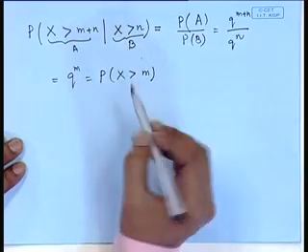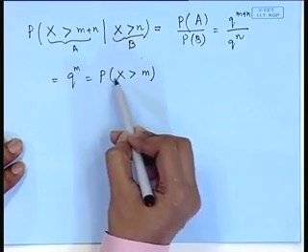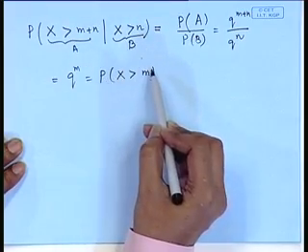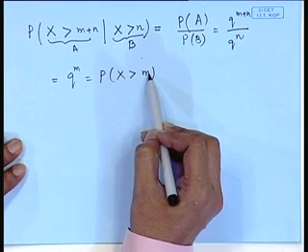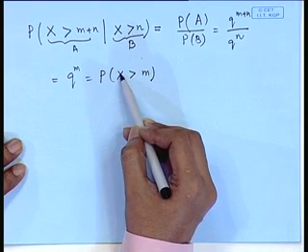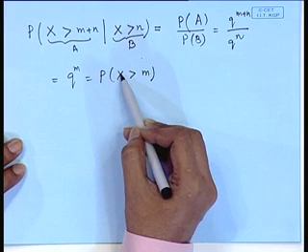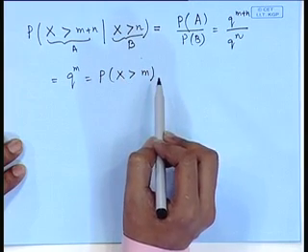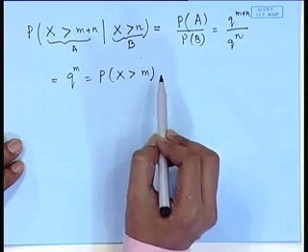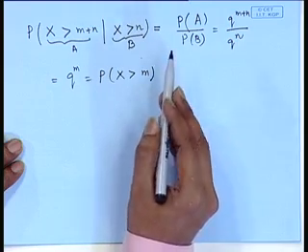Let us look at this statement carefully. Probability x greater than m denotes that the first success is observed after m trials, because x is the number of trials needed for the first success, and I am saying x is greater than m. That means that there is no success observed till mth trial.